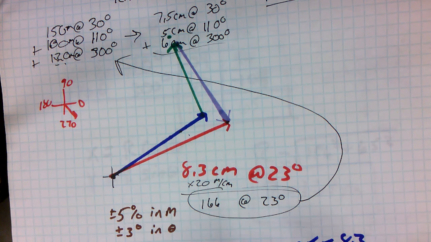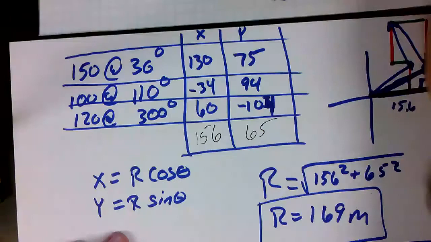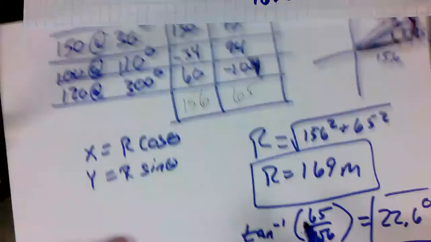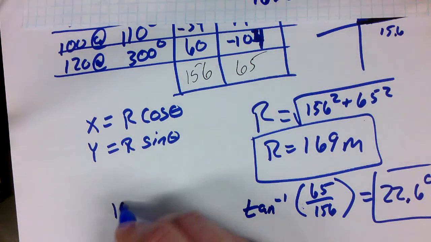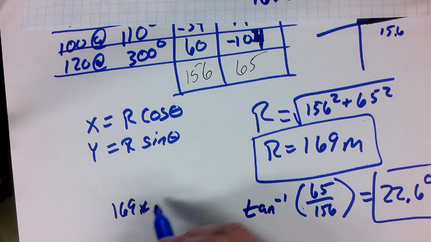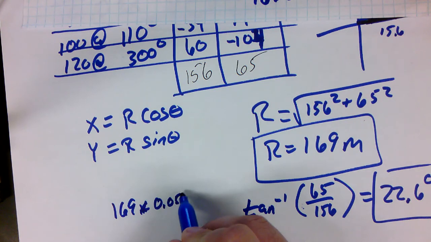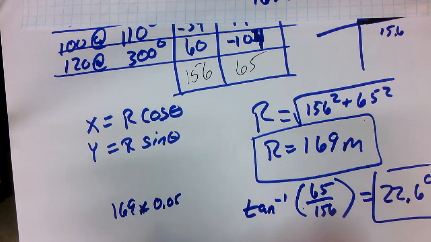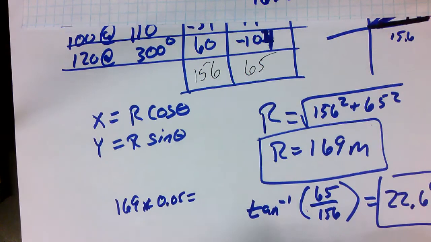So actually, going back to our original number, we should be doing this based on the actual number. I actually said that backwards here. So it should be 169 times 0.05, or 5%. And that value should be a little bit bigger, actually, because it's 3 units bigger.